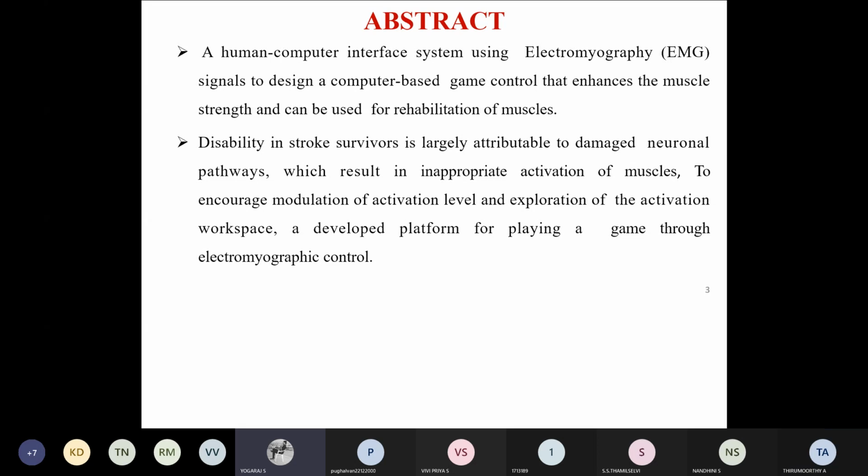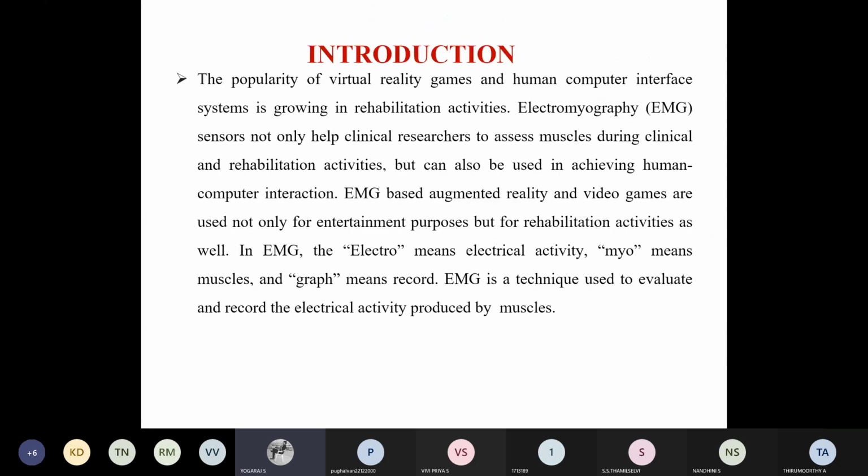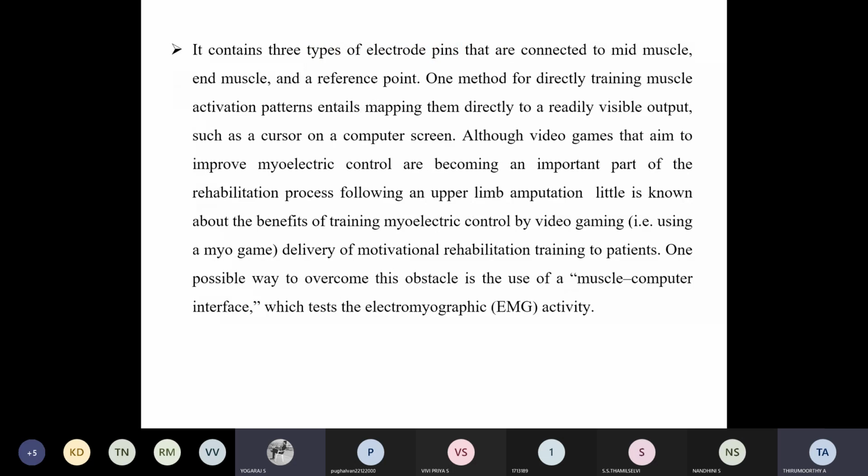We developed a platform for playing games using EMG signals, not only for clinical usage but also for gaming and entertainment usage. Electro means electrical activity, myo means muscle, and signals.